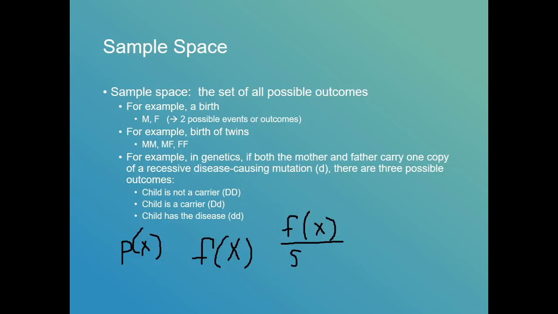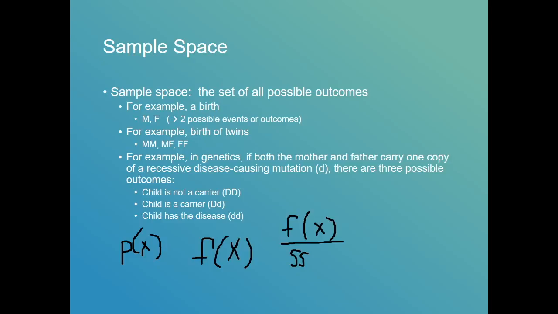I'm going to abbreviate that as SS here, or the total number of possible outcomes. This will make more sense when we have an example, but there are some examples relating to birth on this slide.